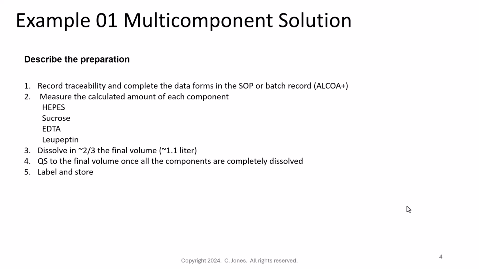And again, we have a specific SOP that tells you how to write a label for solutions that are prepared in-house in our lab. And of course, the whole time we are following the quality principle of 6S, right, where the main components here are follow all the safety requirements, proper PPE, proper waste disposal, okay, and making sure that we clean up the area and put everything back where it's supposed to be.